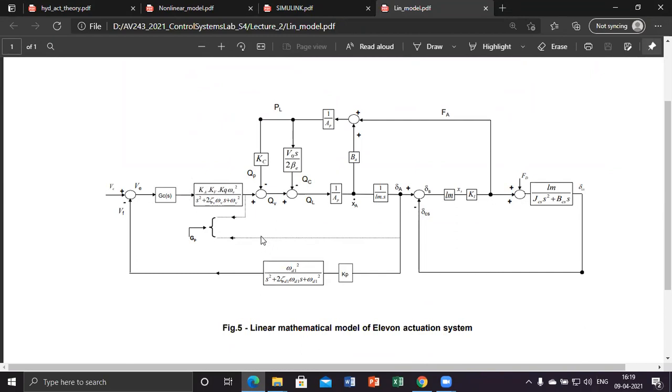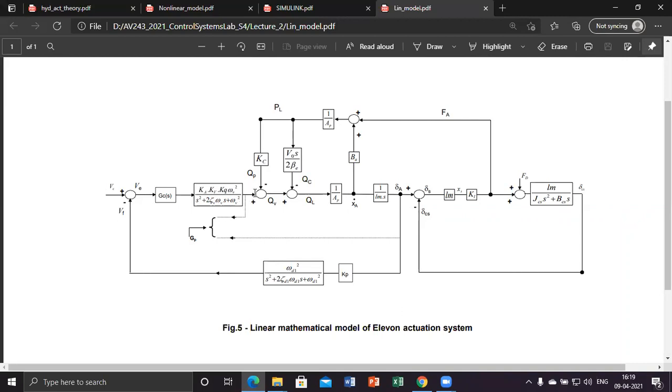And we write one open loop transfer function of the plant like this. That is the effective servo valve output. This is Ka into Kp, Kq, omega n square. So it's a net, you can say something like servo valve flow.